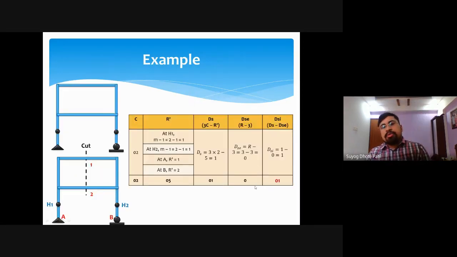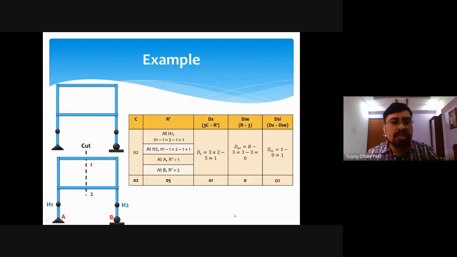Now, say an example, a simple example. A double story, single bay portal frame is given, and we have to calculate the total degree of indeterminacy, say internal degree of indeterminacy as well as external.